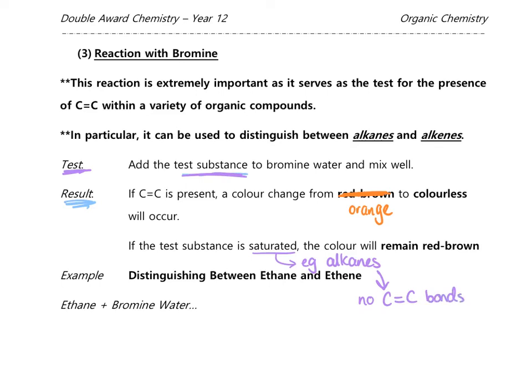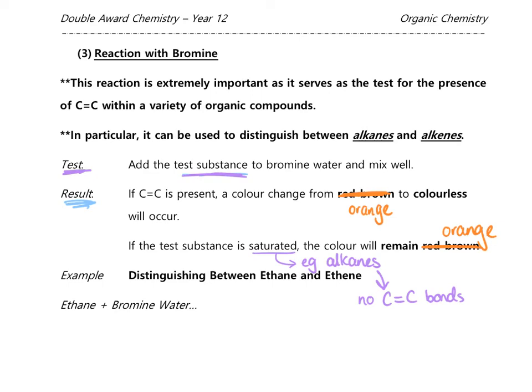Okay, so if the test substance is saturated, for example alkanes which have no carbon-carbon double bonds, the solution will remain, and again I'd like you to change that to orange. So essentially if it's an alkene, it will turn bromine water from orange to colourless. If it's an alkane, it will remain orange.